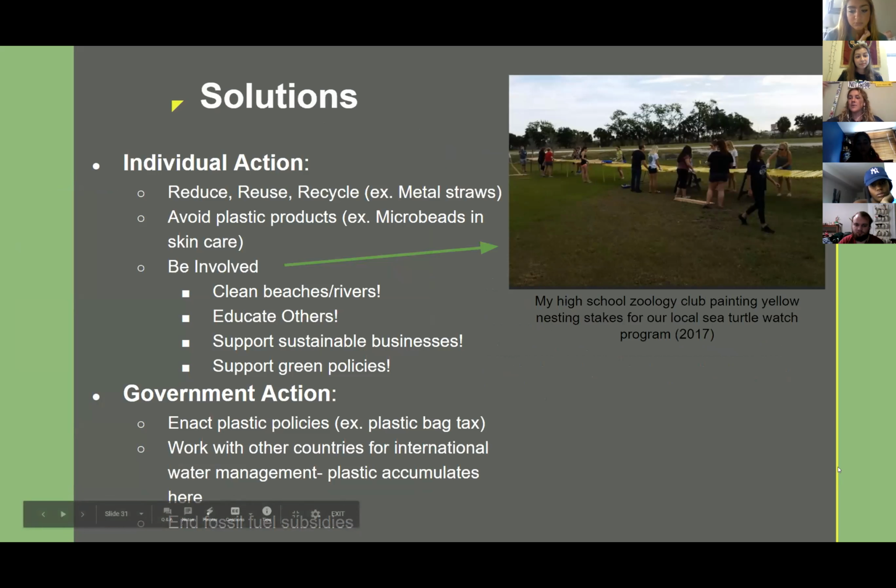You can get involved with several foundations such as the Surfrider Foundation, educate others, support sustainable businesses and green policies. And also some more government actions is to enact plastic policies. An example is the plastic bag tax, and to work with other countries for international water management, as that's where plastic accumulates, and also to end fossil fuel subsidies.